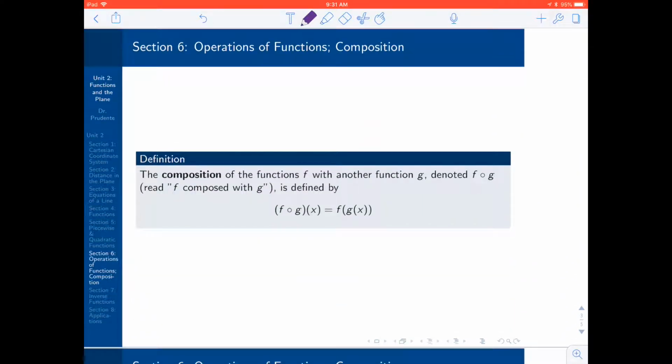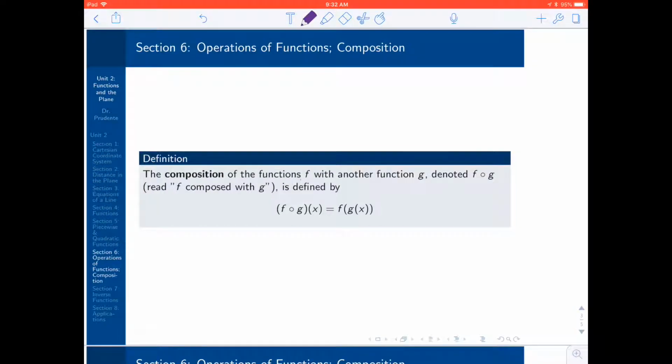There is a fifth type of operation, and this is called function composition. And the composition of functions f with another function g, we denote f o g or f circle g. We define it by f composed with g being f with g of x plugged into it.